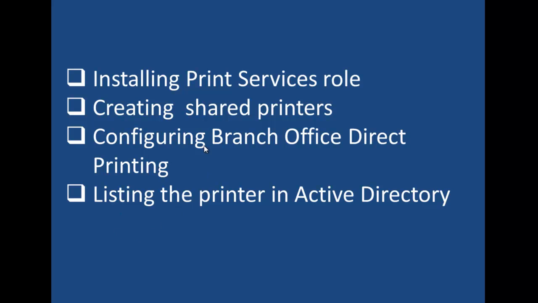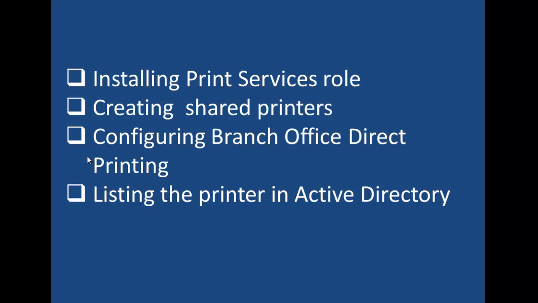We're going to take a look at installing the print services role. We're going to be creating shared printers. We want to look at configuring Branch Office Direct Printing, which is simply being able to print directly to a printing device instead of printing to the print server.